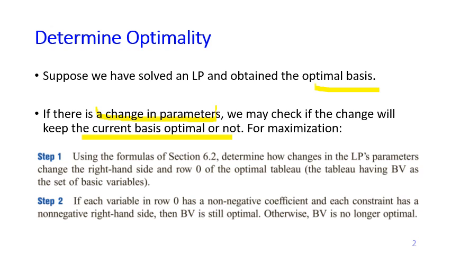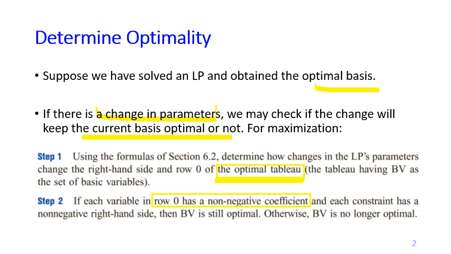So for maximization, this is what you need to do. First, using the optimal table and the notation and formulas that I've introduced in the previous week, you see how the change that you make affects this optimal table.